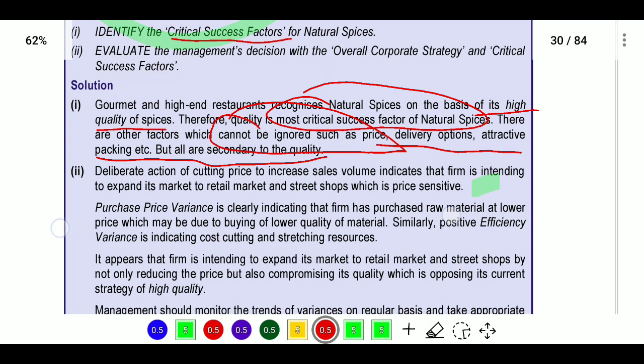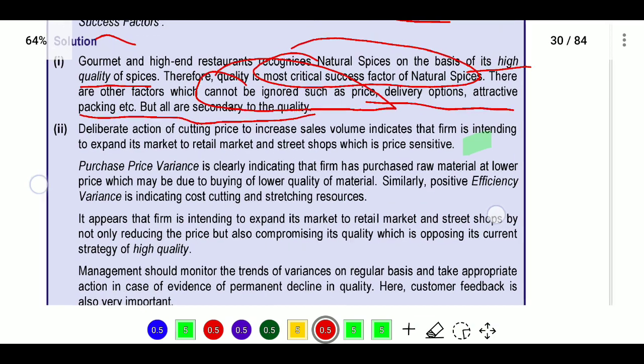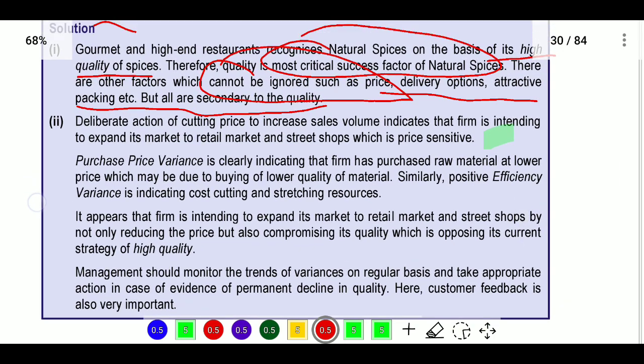Next, the second question: evaluate the management decision with the overall corporate strategy and critical success factors. The management's action is cutting price to increase sales volume. Sales volume is favorable and sales price is adverse, meaning they are cutting prices and quantity is increasing because of the price cut.